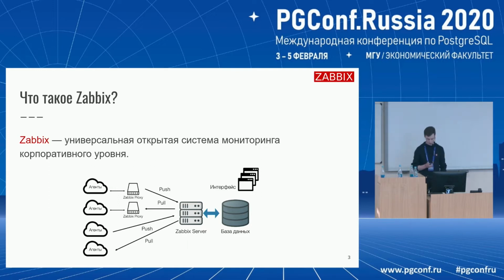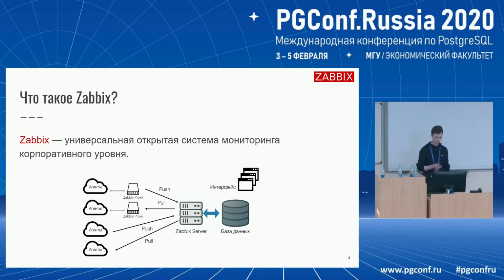Architecturally, Zabbix has different components, and the main one is Zabbix-server, which is the core of the system. We collect data, we store it in a database, and then we use it for visualization. And also we do information analysis to identify problems and to troubleshoot.